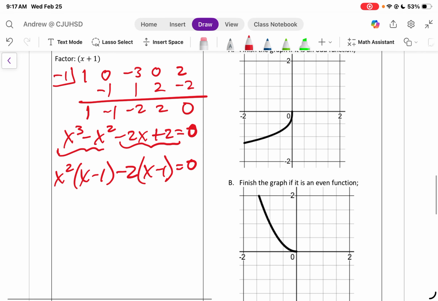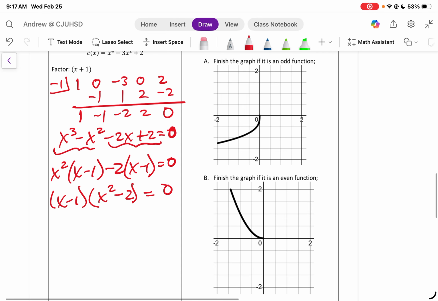This doesn't always work 100% of the time, but here it worked. Take out an x minus 1, leaves behind x squared minus 2. So here's another 0. Right here, this is x equals 1.